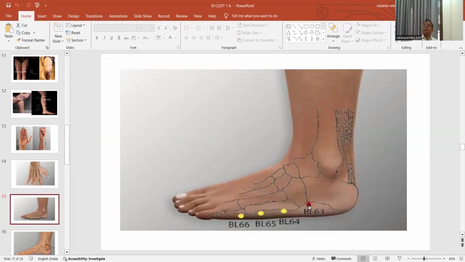White tiger joint pain means joint pain related to rheumatism arthritis. It's indicated if a patient is suffering with rheumatoid arthritis, all his joints are stiff and painful. So try this point.